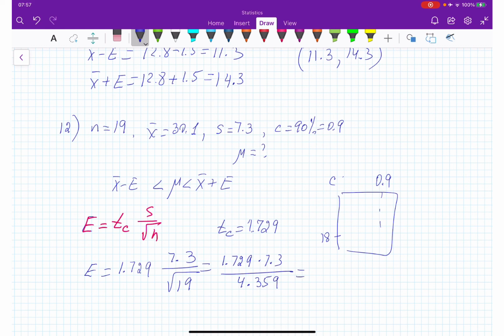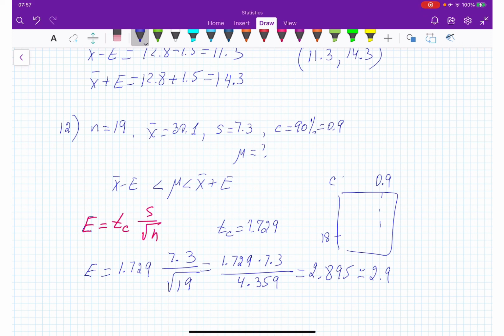That is equal to 2.895, which is approximately 2.9 because they are requiring 1 decimal, right?